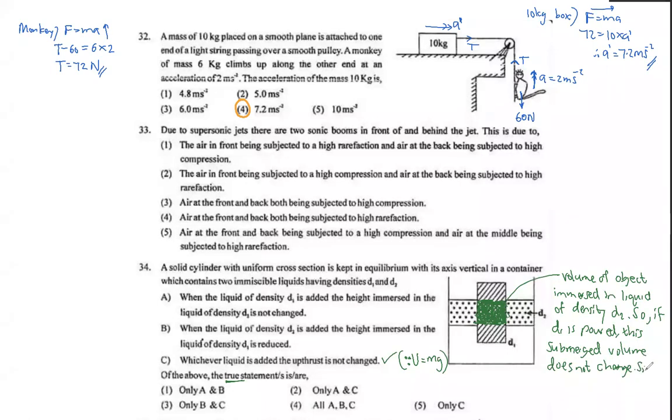Since total upthrust is equal to weight, submerged volume in D1 should also not change.